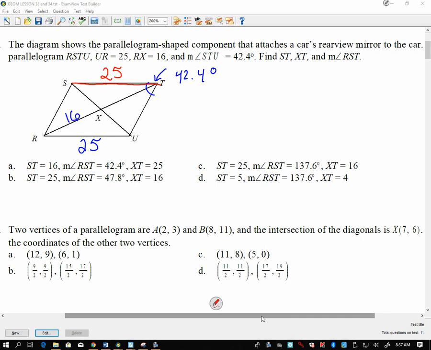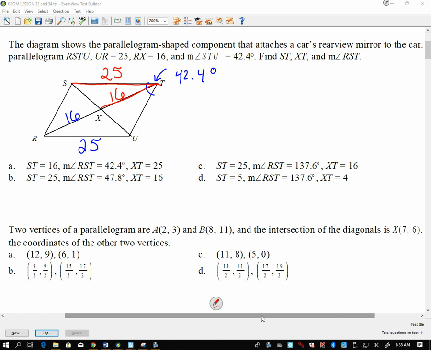All right, Jose, we want to know what XT is. That is this length right here. What is XT going to be? 16. Can you tell me what rule tells you that's going to be 16? Diagonals bisect each other. And RT is a diagonal, and RX is half that segment, right?